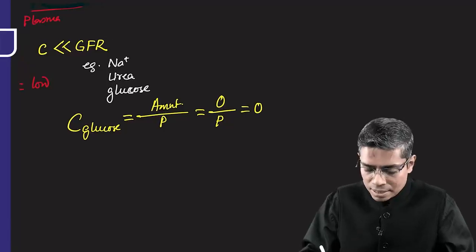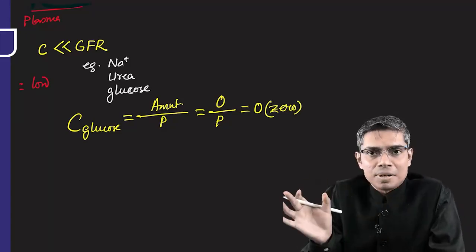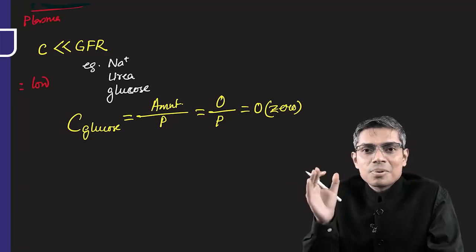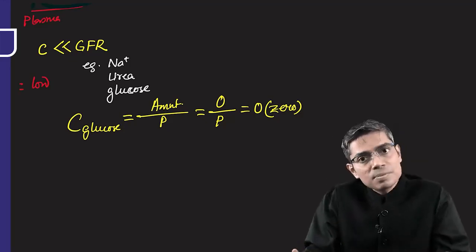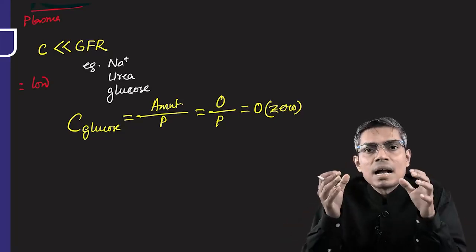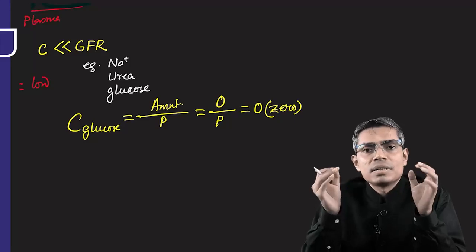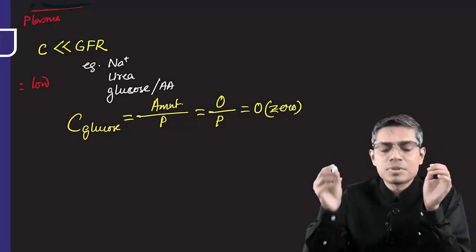That's why we say that the clearance of glucose in a non-diabetic person is equal to 0. This does not mean that there is no filtration of glucose. There is filtration, but after filtration, 100% of glucose is getting reabsorbed at the level of the proximal tubular epithelial cell. In the same way, amino acids also get 100% reabsorbed at the level of the proximal convoluted tubule. So that's why the clearance of glucose and the clearance of amino acids are absolutely 0 in a normal person.